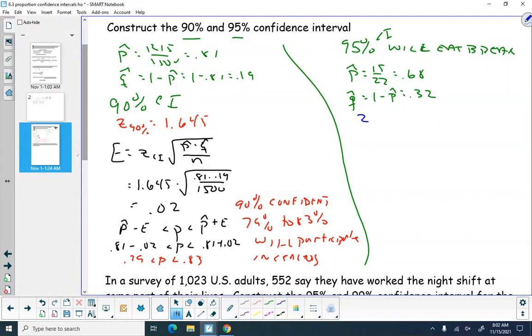So let's find the Z for a 95% confidence interval. We can look at our table. We go to 95% along the top, and drop down to the very bottom. You should get 1.96.